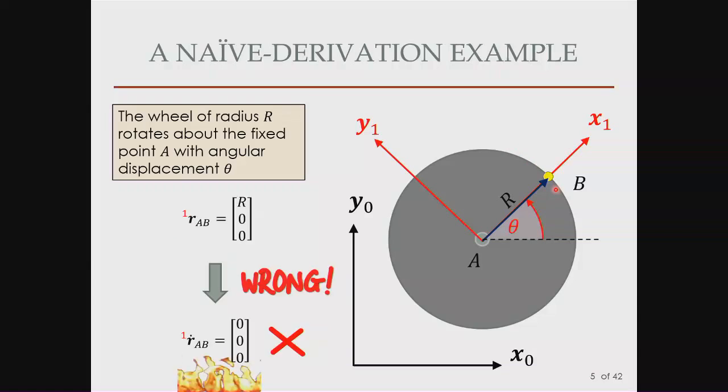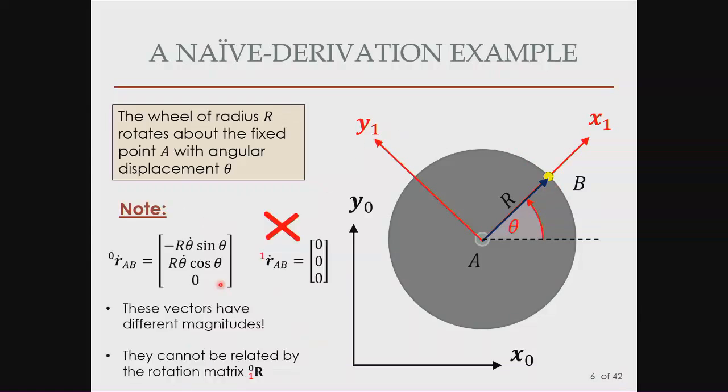Maybe I'll keep going forward. So what you want in the correct approach is for these two vectors, RAB dot in frame 0 or frame 1, to correspond to the same physical quantity, same direction and same magnitude. The velocity vector is just like any other vector.